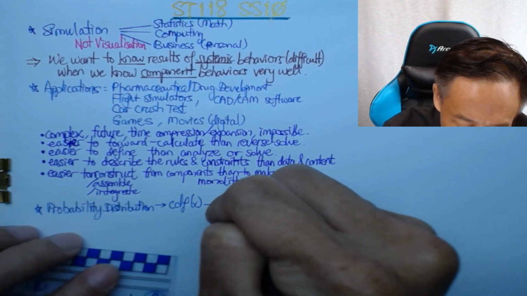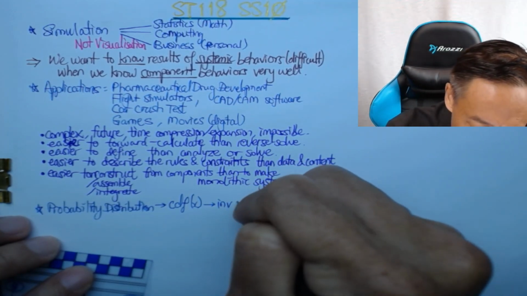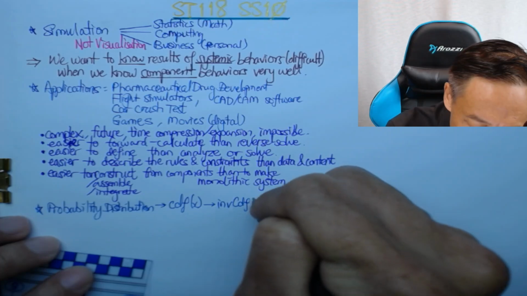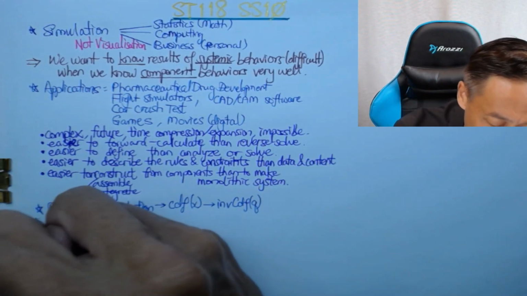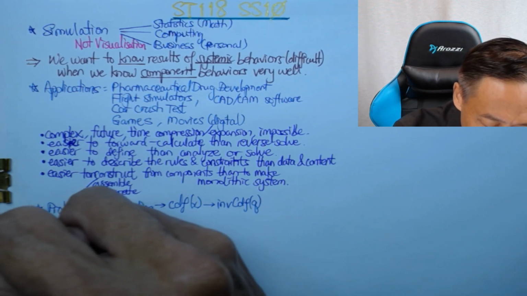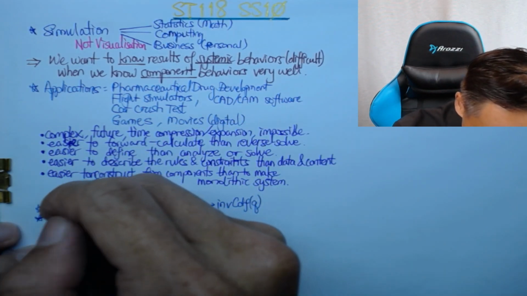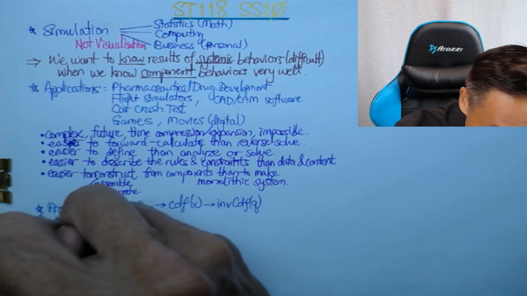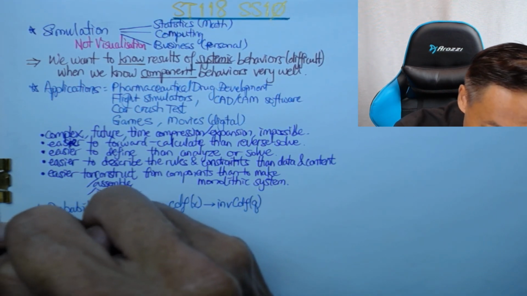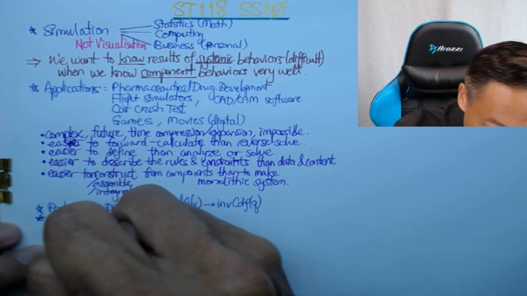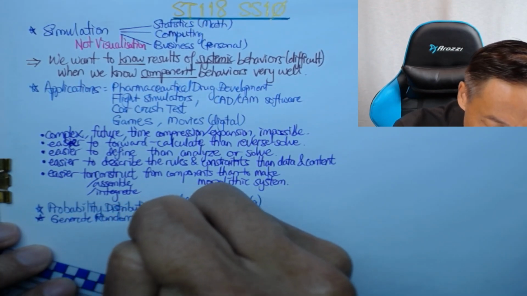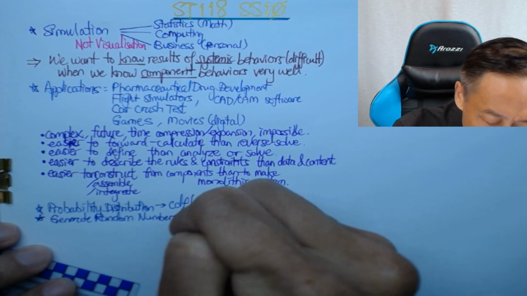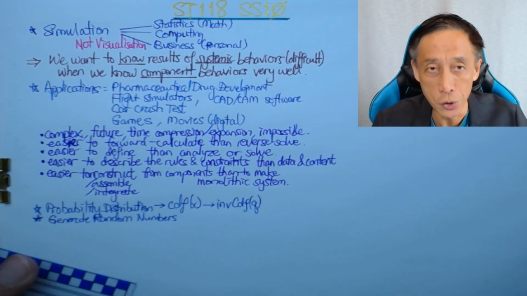And then what we are after is the inverse cumulative distribution function. And then using the inverse cumulative distribution function, we want to generate random numbers. This is the core of all simulation software.